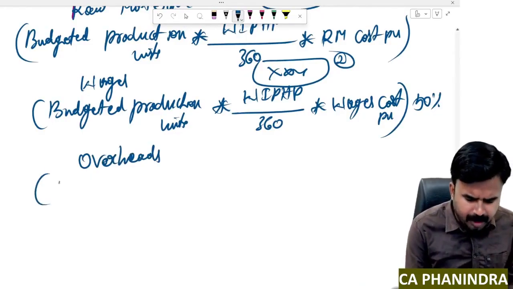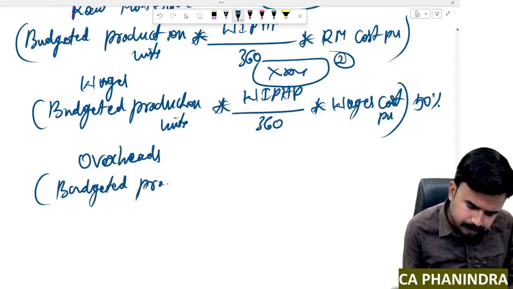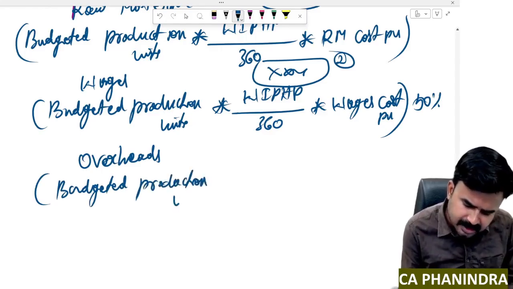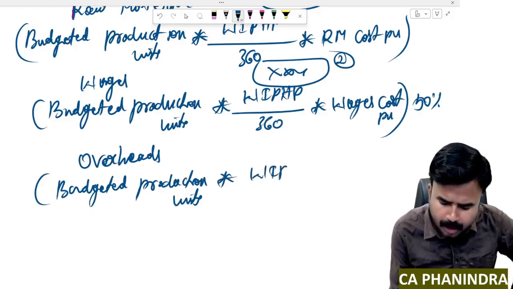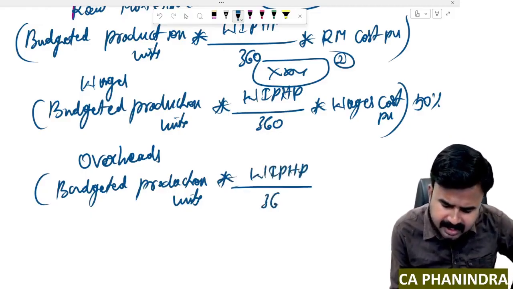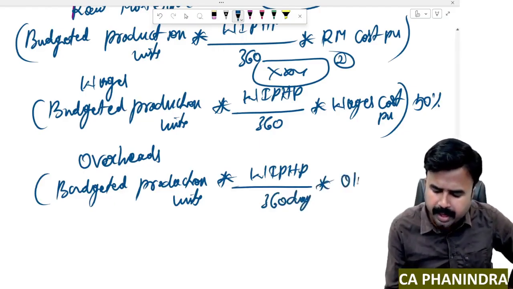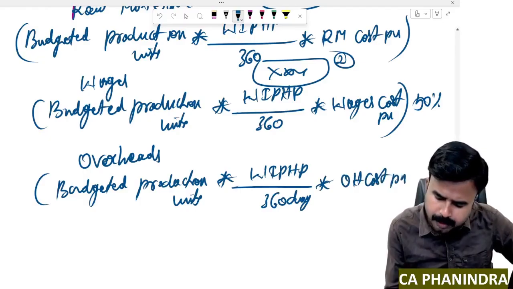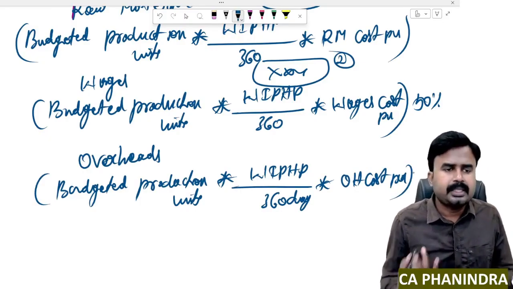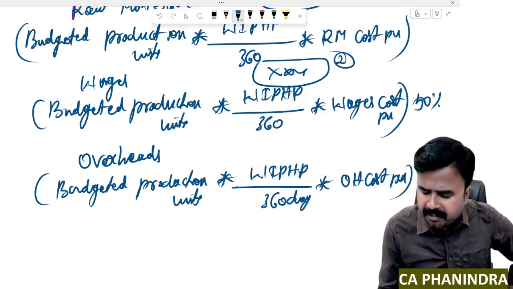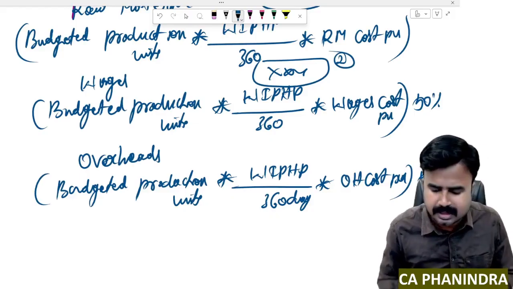Overheads, the same formula: budgeted production units into work in progress holding period divided by 360 days into overhead cost per unit. See, just like wages, here also I'm going to take 50% completion with respect to overheads for work in progress units.